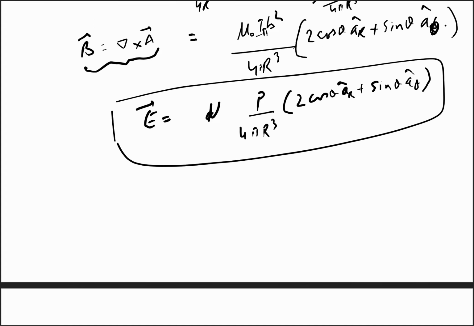So what does it show? It shows that the field lines due to a magnetic dipole and an electric dipole at a faraway point P will appear similar. Let us see how. You see, field lines will be like this, going like this. So at a faraway point P, the field line will appear like this.